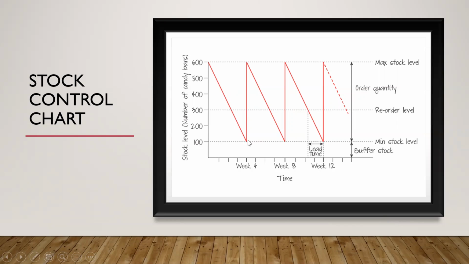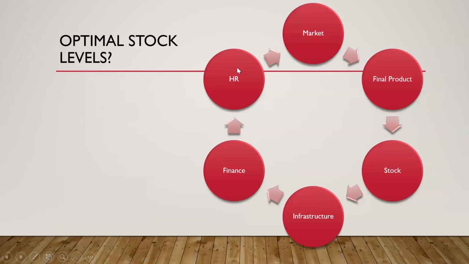When they get down to 300, that's when they reorder, because they know how long it takes to get the stock in. And they reorder 500 because by the time they get the new stock, they'll be down to 100, and then they need to get back up to 600.